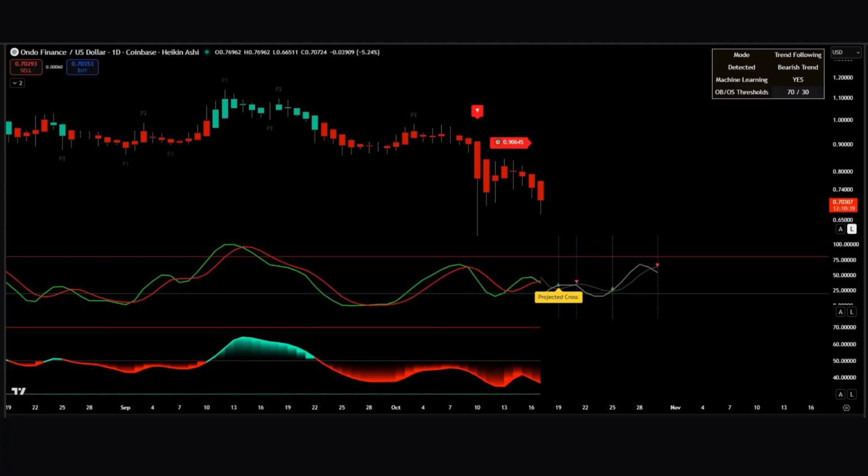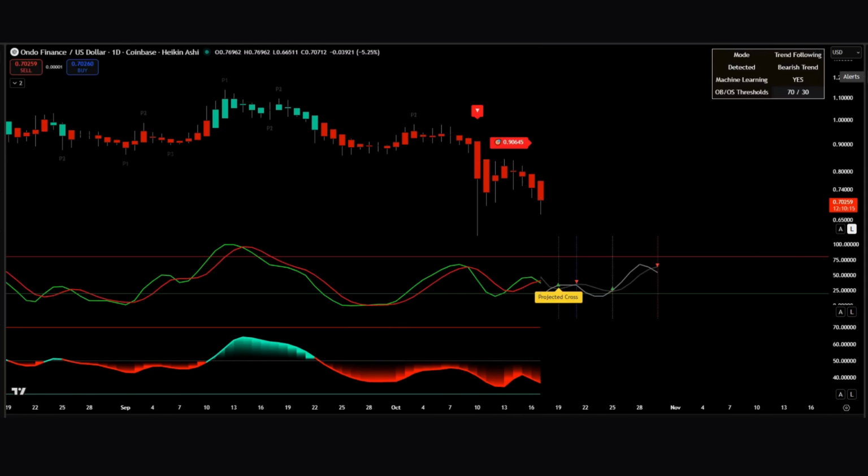Key resistance to watch: the Lindsay target/supertrend region. A clean daily close above that area would be the first evidence of a trend change. Support and invalidation: if price fails to hold the present support zone around the mid-$0.6, the predictive bounce will likely fail and price could revisit lower support.